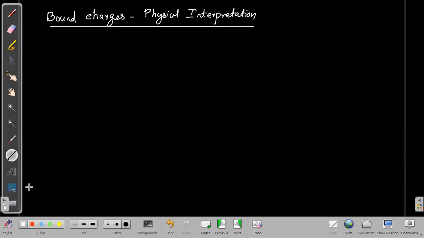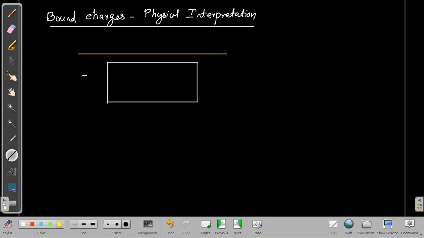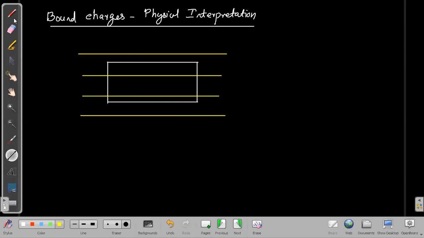If you look at an insulator, on the application of an external electric field, there will be production of a very large number of tiny dipole moments, almost aligned in the direction of the electric field.